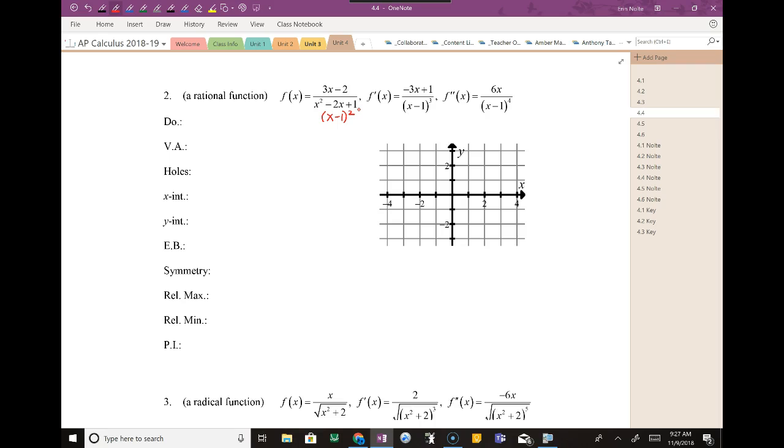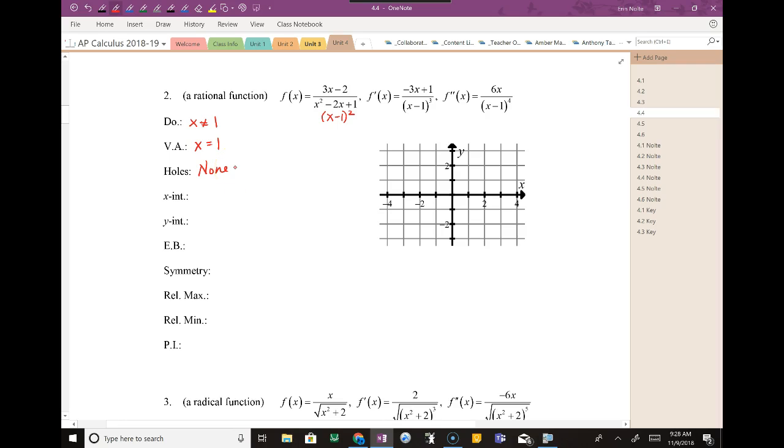What value is going to make that denominator 0? 1. So the domain is that x cannot be 1. And does that 1 cancel with the top? No. So that means there's not a hole, there's a vertical asymptote. So we have a vertical asymptote at x equals 1, but we have no holes, there was no canceling.